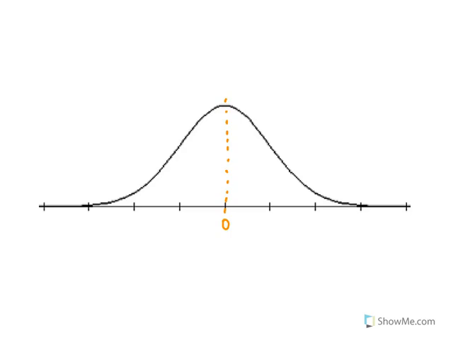So we found that 120's z-score would be 1.25 and 145's z-score would be 2.81.